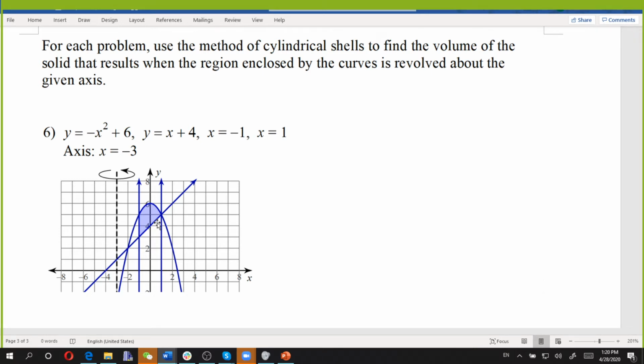So first on my list is Aileen. So Aileen, I'm going to look for the height first. The height is the distance between the two functions.